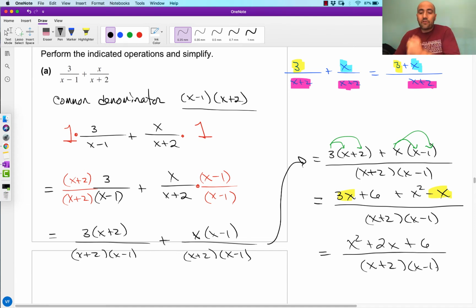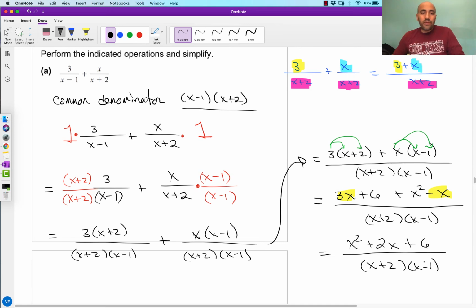Now, if the numerator factored into something nice, we would go ahead and factor it. Two numbers that multiply to 6 but add up to 2. We have 2 and 3. That's not going to work. 1 and 6. That's not going to work. So there aren't any nice ways for this thing to factor with nice whole numbers.